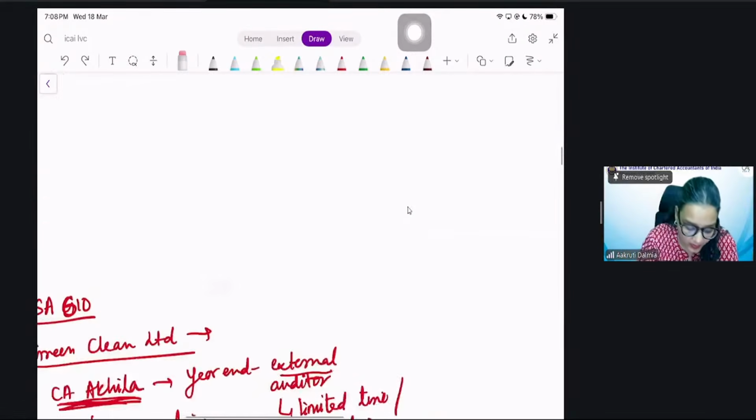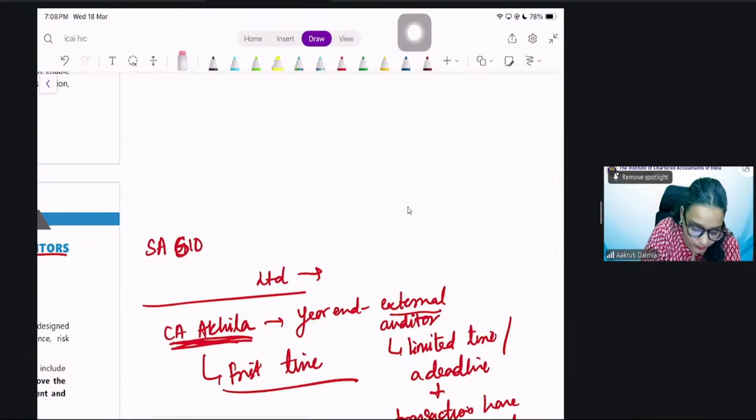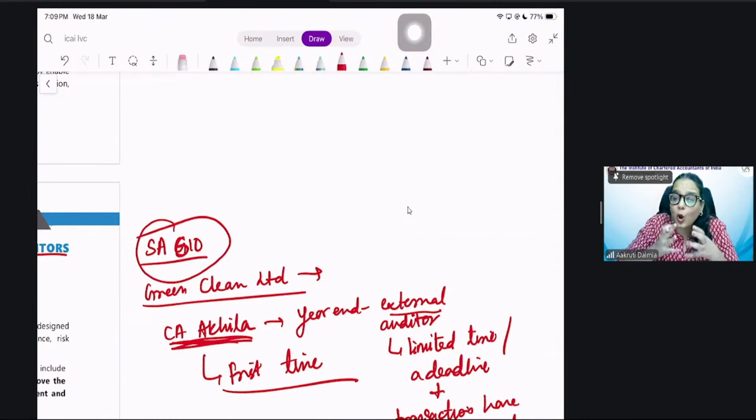So this standard helps you. This standard tells you how much you can use the work of internal auditor. How much can you use the work of internal auditor? Now do you understand what this standard is? So this standard is talking about that I want to use the work of internal auditor.